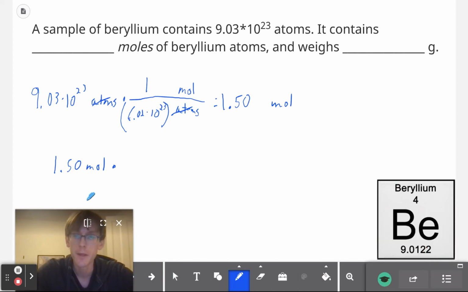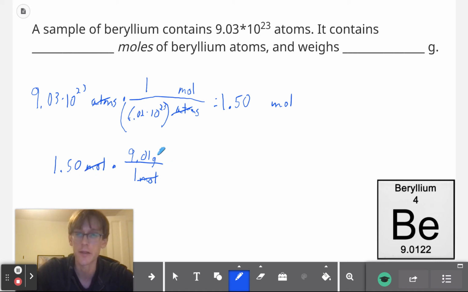So for beryllium, our molar mass is 9.01 grams over 1 mole. And I show it like this time because I want the moles to cancel out. Previously, I had the reciprocal, but now I want the moles to cancel out, so I got grams over moles. And what this brings us to is 13.5 grams of beryllium. And there we go.